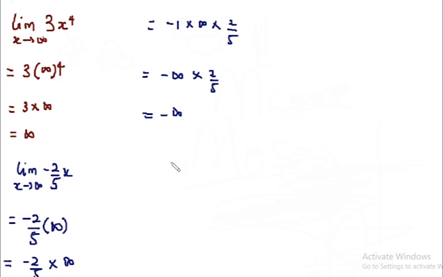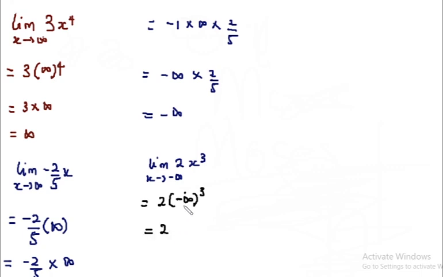Let's take another example. Say we are asked to find the limit of 2x cubed as x approaches negative infinity. Now you can pause the video and try to solve this one yourself. Like we did before, we plug negative infinity into our function. So this is equal to 2 open brackets, negative infinity, cubed.